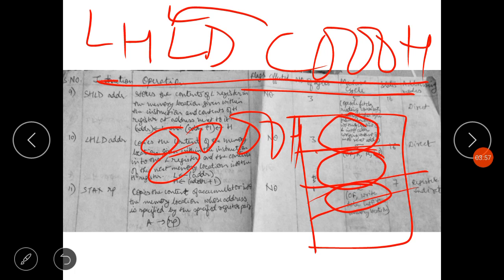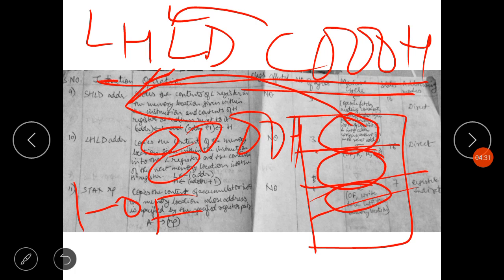So what will happen at the time of execution of this instruction? First the opcode of this instruction will be fetched by the microprocessor. So the first machine cycle is the opcode fetch machine cycle. After fetching and decoding the opcode, the microprocessor will know that it has to store certain content into the HL register pair, and that content is present in the address which is present in the memory.